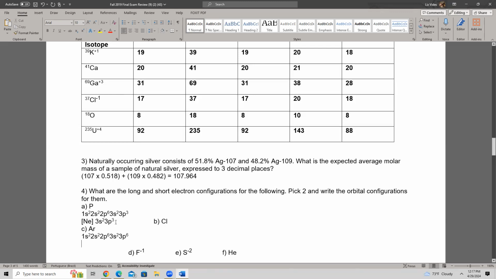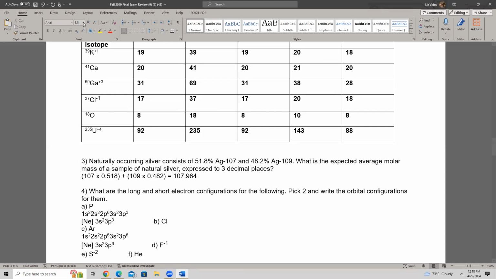And our shortcut configuration is very much like the one for phosphorus, except on the back you have 3p6, which is what I'm doing. I'm just copying it. All right. Now, sulfide ion, in this case, is going to be a little different from the others, right?